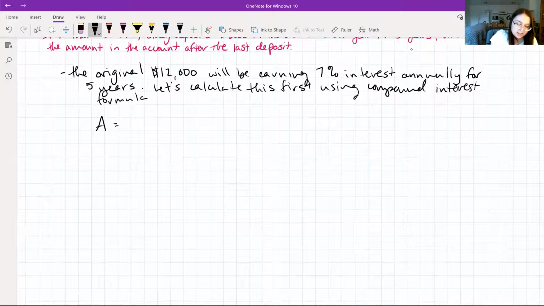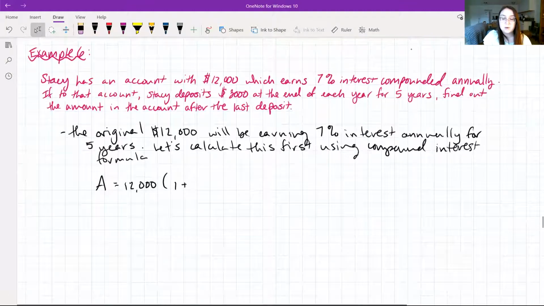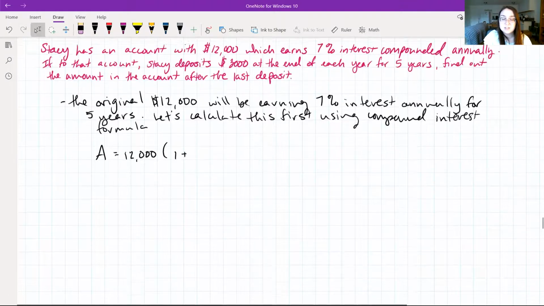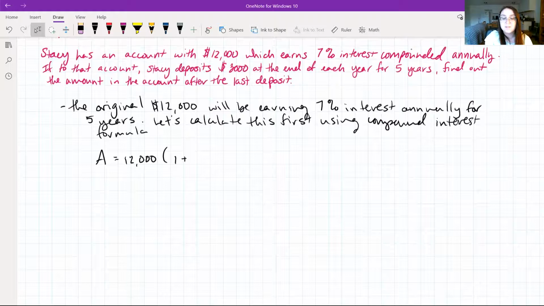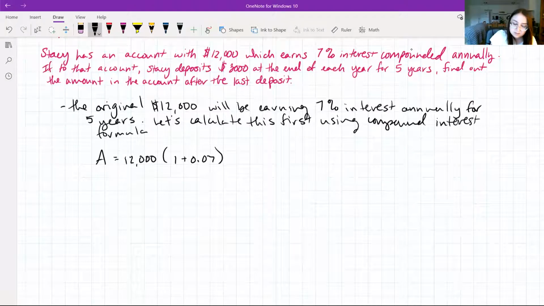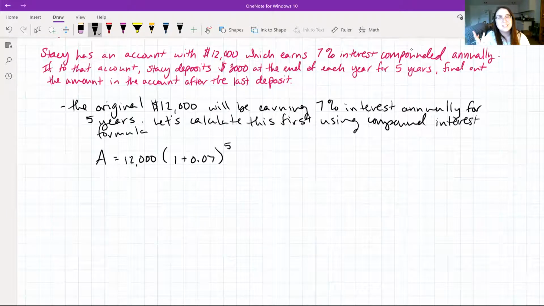So we have A is equal to our starting principal value, which we know is $12,000, times 1 plus our interest, which we know is compounded annually, so it's just going to be 0.07 divided by 1, so 0.07, to the power of N, which is going to be 5 years. So I highly suggest you calculate this value on your own.